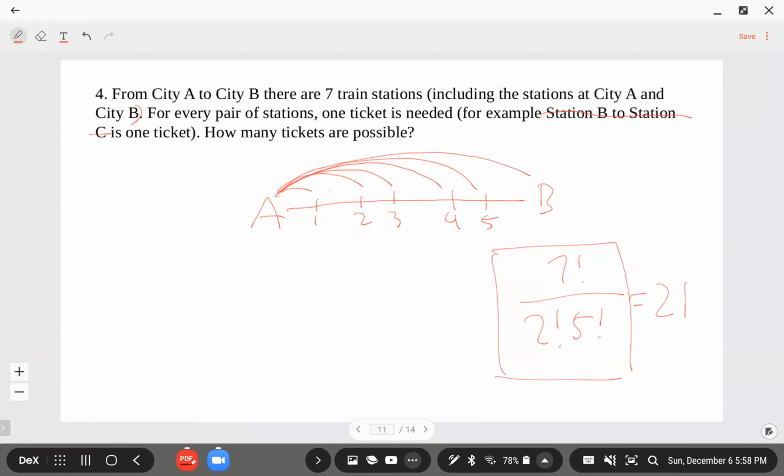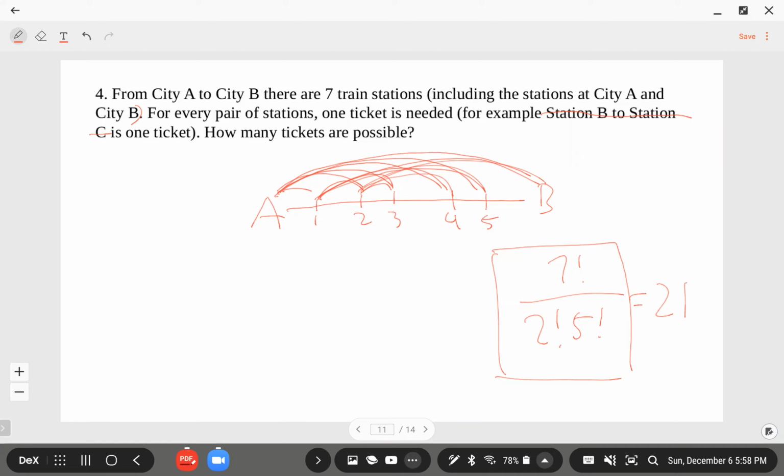What about 1? 1 cannot go to A because it's already going to A, can go to 2, can go to 3, can go to 4, can go to 5, can go to B. What about 2? Cannot go to 1 or A because it has already gone to 1 and A. Go to 3, go to 4, go to 5, go to B, and you get the idea. So basically, we have 7 train stations.